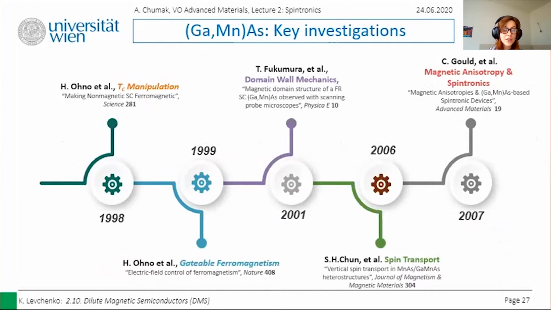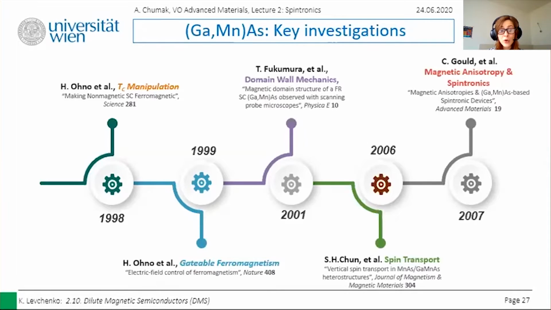Generally, after the enhancement of molecular beam epitaxy and the lowering of the growth temperature, a very intensive investigation from the scientific community started, like the Curie temperature manipulation described in the work of Professor Hideo Ono, or the gateable ferromagnetism. Interesting physical phenomena behind the domain wall mechanics were described by Professor Fukumura just 19 years ago.